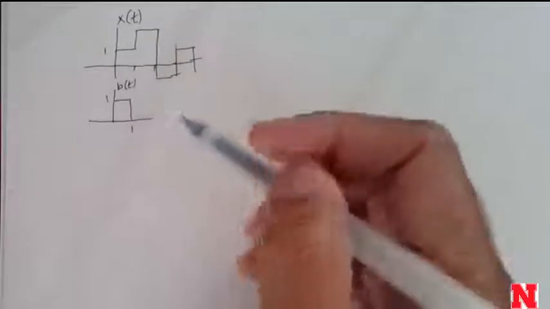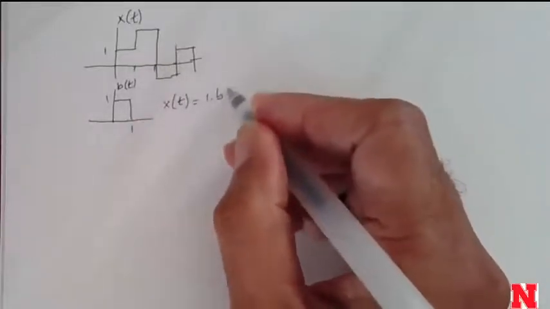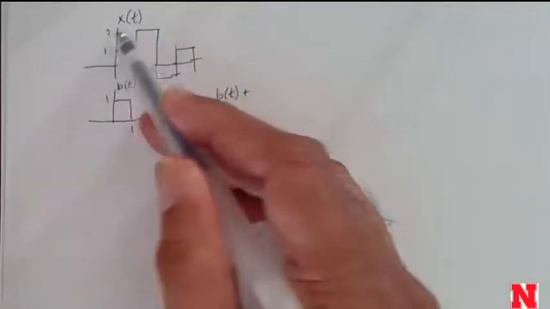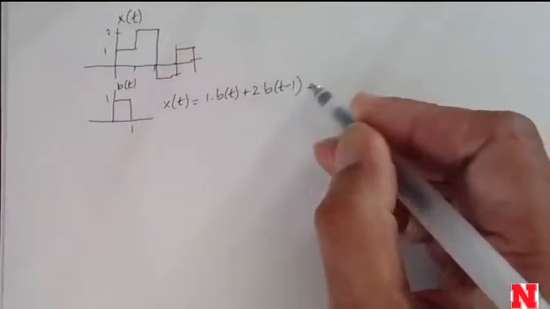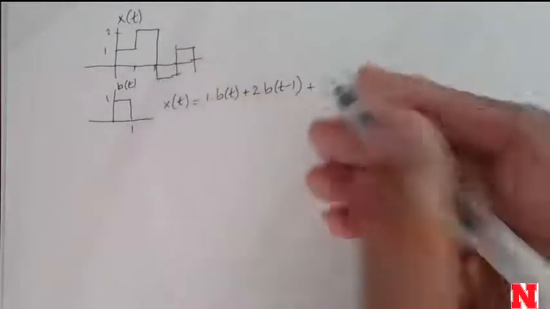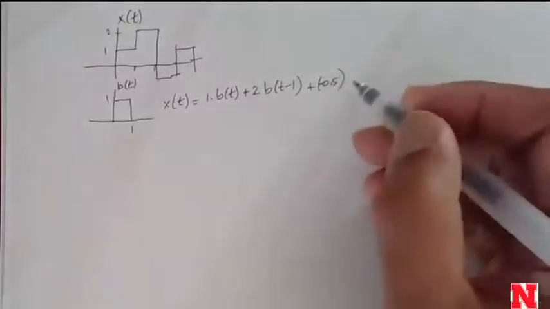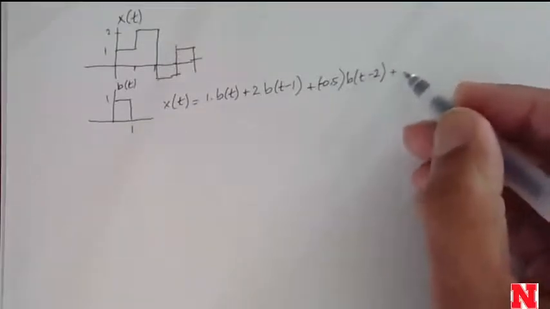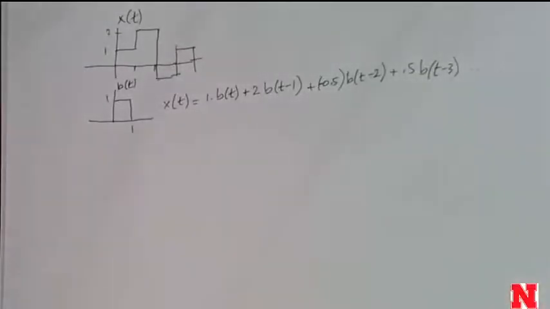So for example, this particular one, I could write as 1 times b of t plus, this is a height of 2, so this is 2 times b shifted by 1, plus minus 0.5 b of t minus 2, plus 0.5 b of t minus 3, and you can see how this goes. I can keep going like that, right?